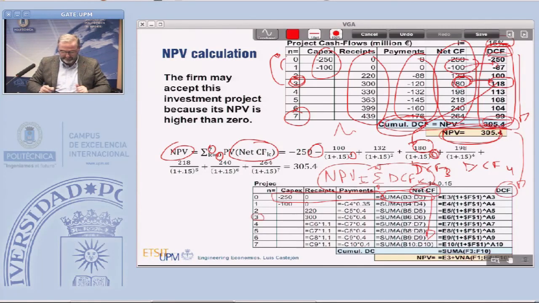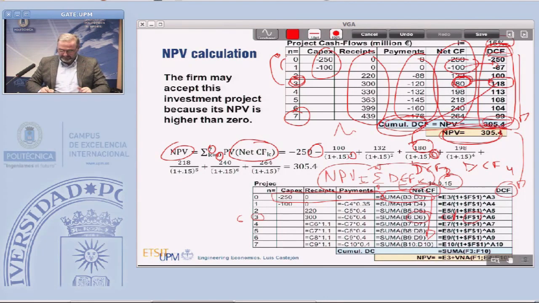Let's see, for example, year 3. We will use the cell E6. E6 is this one, this is the column E, and this is the row 6, so E6 is this one, the number 180, divided by bracket 1 plus an absolute reference, which is $F$1. $F$1 is this cell, the interest rate, the upper corner on the right.